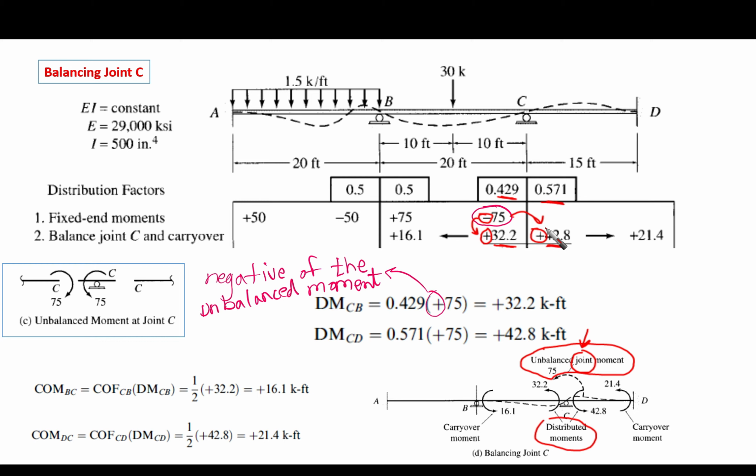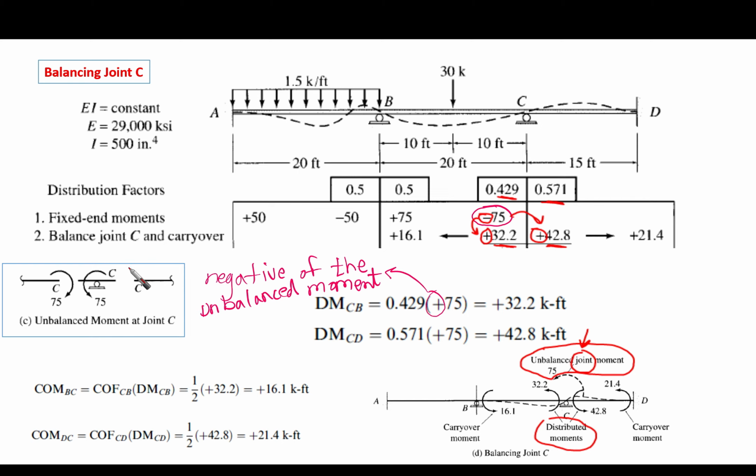This portion is the amount of moment that is going to be resisted by member CD. And this moment, which is 32.2, is the amount of moment that is going to be resisted by member CB.